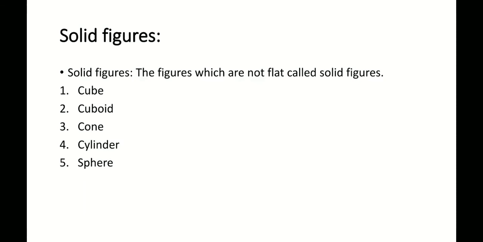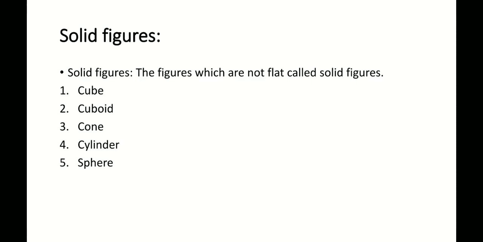Next are solid figures. What are solid figures, children? Yes, solid figures are figures which are not flat. Which are flat, we call plane figures. Which are not flat, we call solid figures. A few solid figures are cube, cuboid, cone, cylinder, sphere.